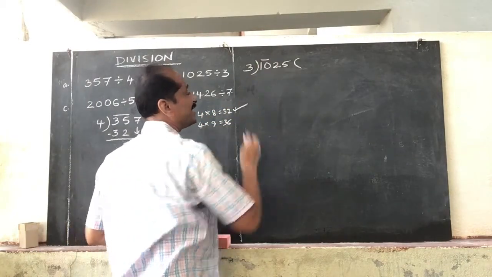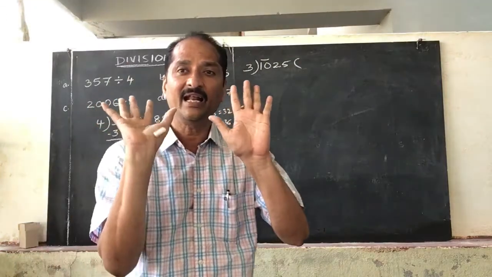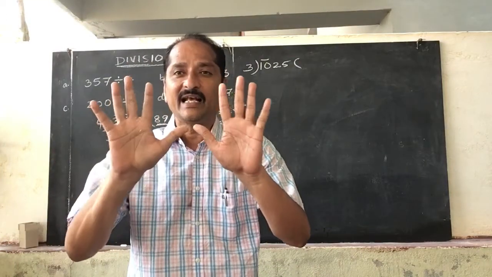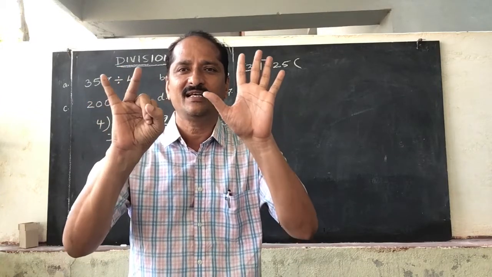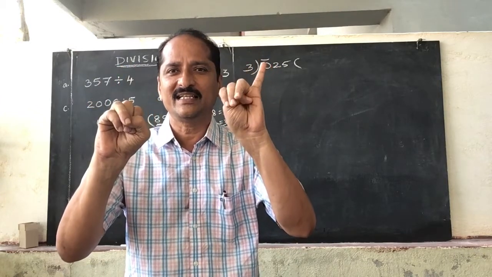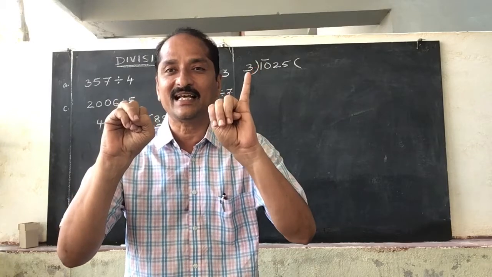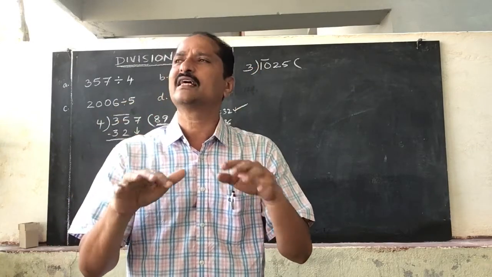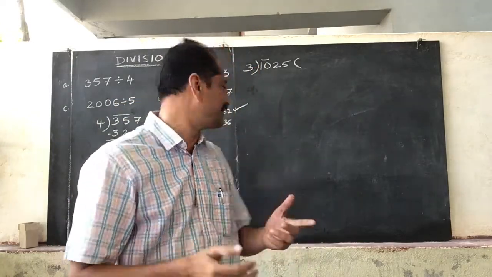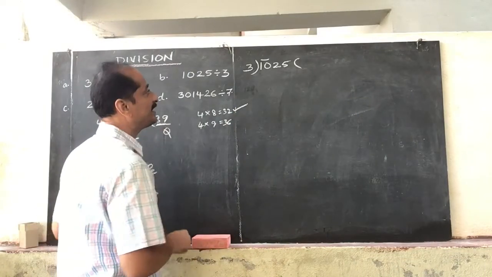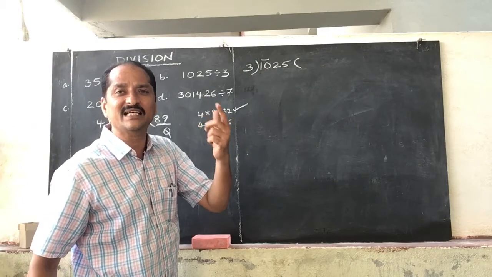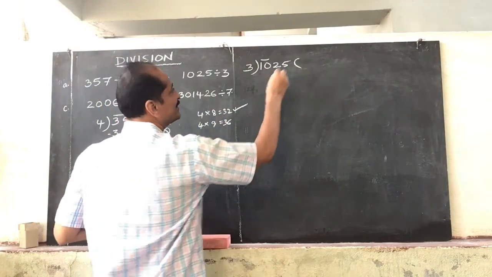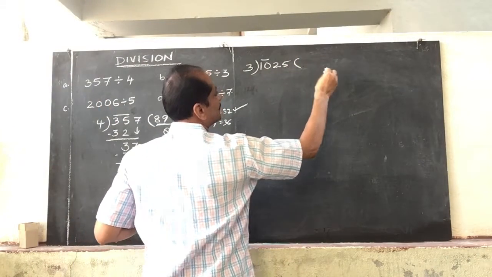If we are taking 10, how many 3's are there in 10? 1 3, 2 3's, 3 3's. 3 3's are there in 10 and 1 is left over. Observe carefully, reading the third table: 3 1 is 3, 3 2 is 6, 3 3's are 9, 3 4's are 12.